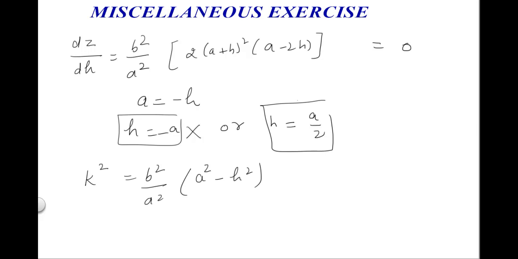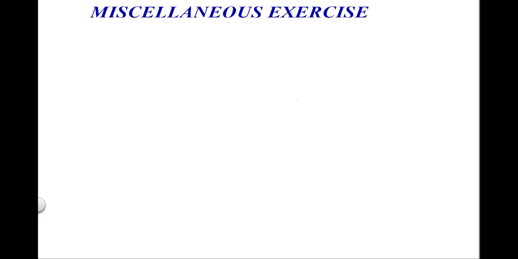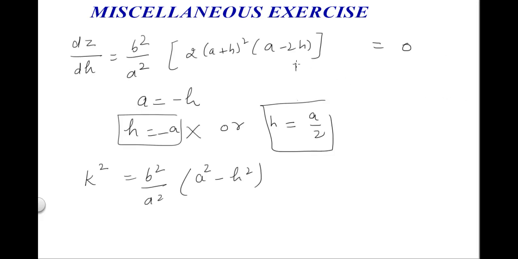Now I am telling you what to do. This is the first order derivative value. We are going to equate this first order derivative to 0, and we got this value. Now you will find out the second order derivative for this. If you find the second order derivative, definitely it is going to come as less than 0 or negative, correct?